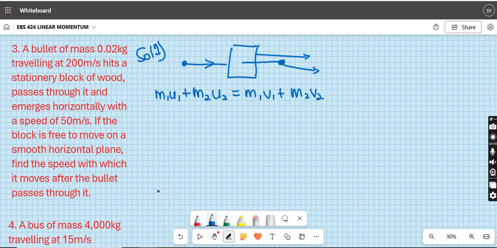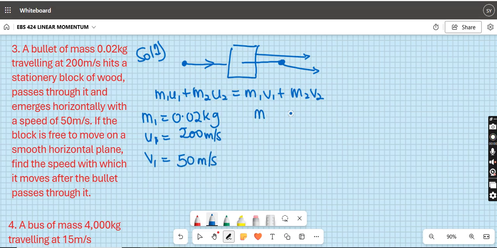Now they said if the block is free to move, so we want the velocity of the block. So let's start with the mass of the bullet, 0.02 kg. The initial velocity is 200. It started with 200 meters per second. Final velocity 50 meters per second. Now let's look at the block of wood.